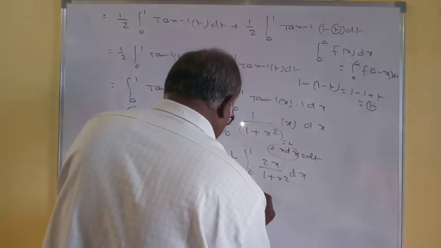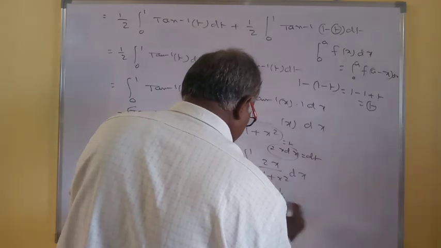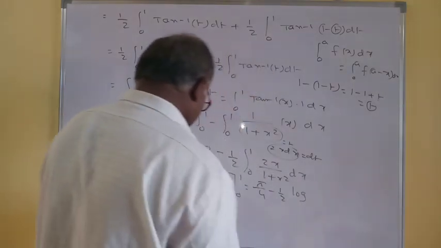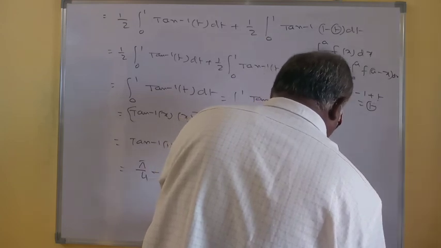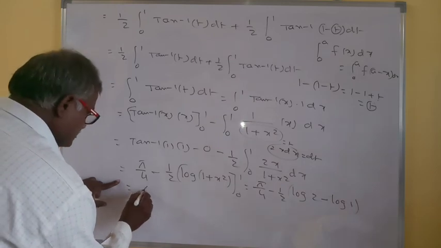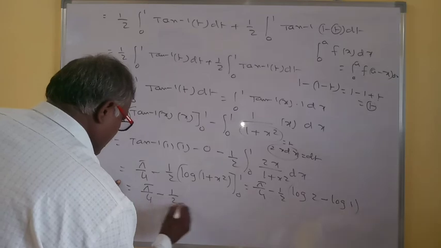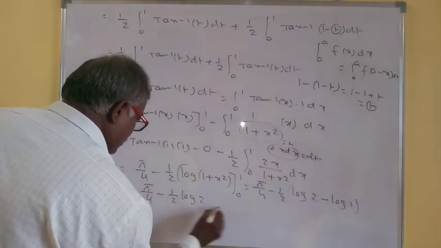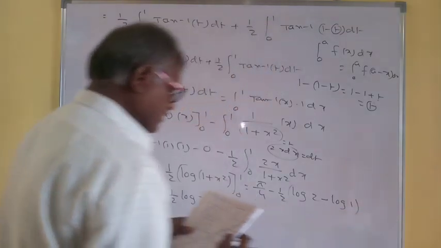So it is pi by 4 minus half into log of upper limit 1 plus 1, that is 2, log 2 minus log 1. Log 1 value is 0. So the ultimate value is pi by 4 minus half log 2.